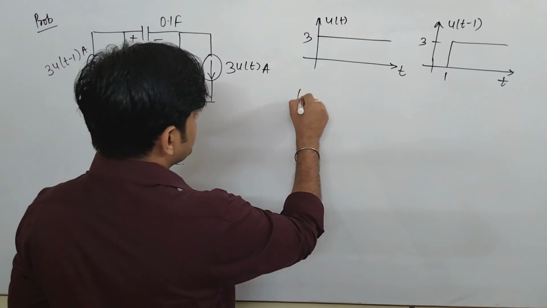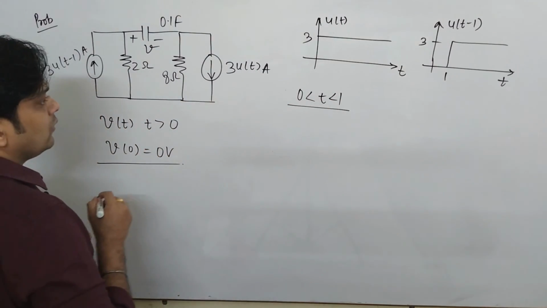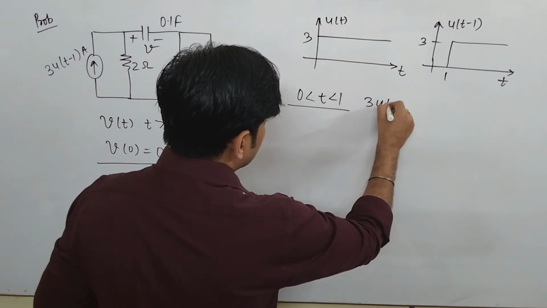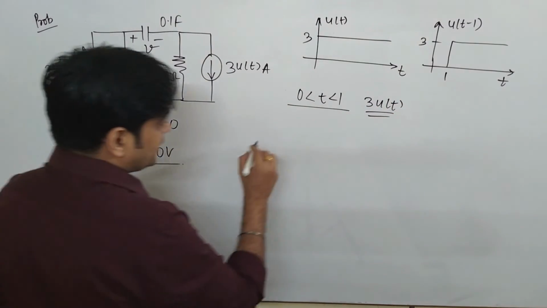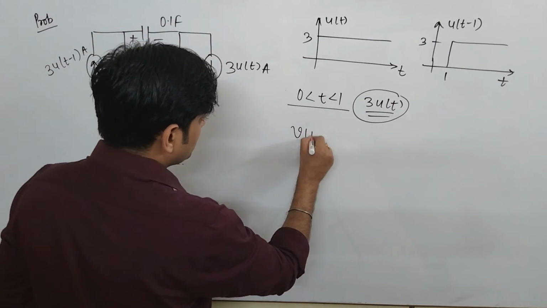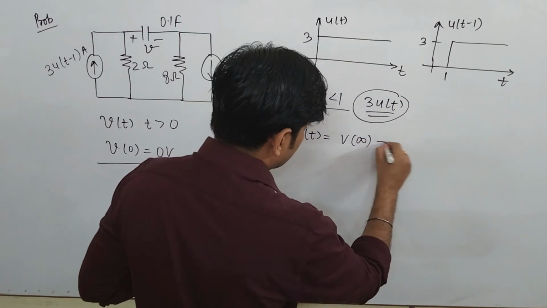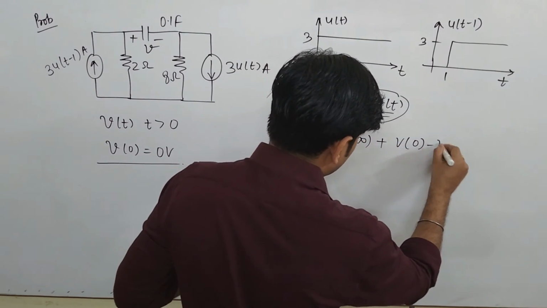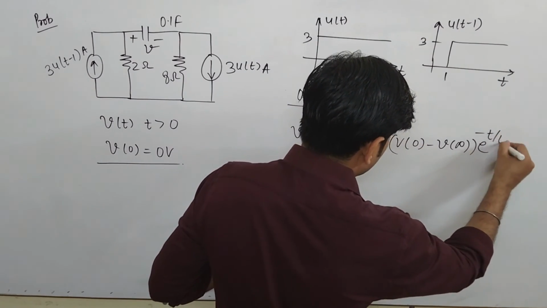If you talk about 0 less than t less than 1, during this instant only 3u(t) will be appearing. So for this, the solution of Vt will become V infinite plus of V0 minus V infinite e to the power minus t by tau.